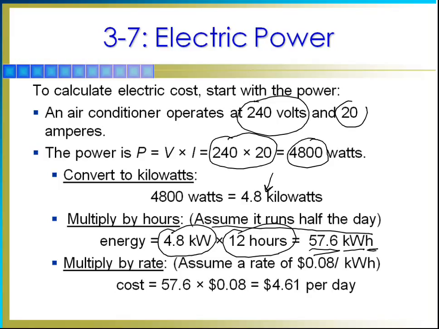And then you just multiply by the rate that you're paying. So in this case, it's 8 cents per kilowatt hour. I'd love to live there. So 57.6 kilowatt hours times 8 cents. This air conditioner runs about $4.61 a day to run. Once again, I would love to live in this place.